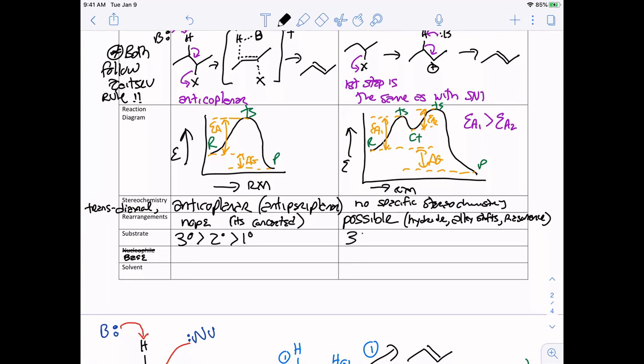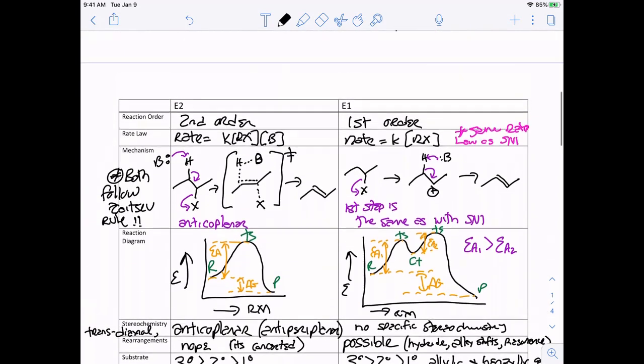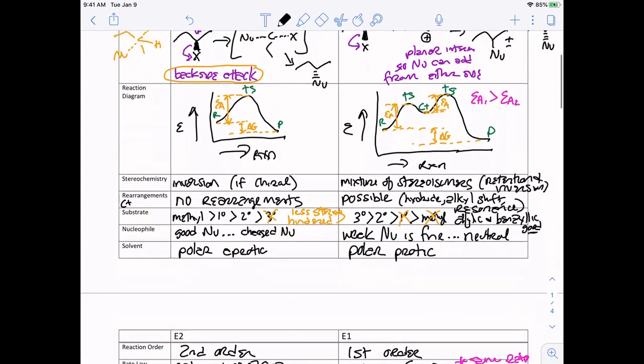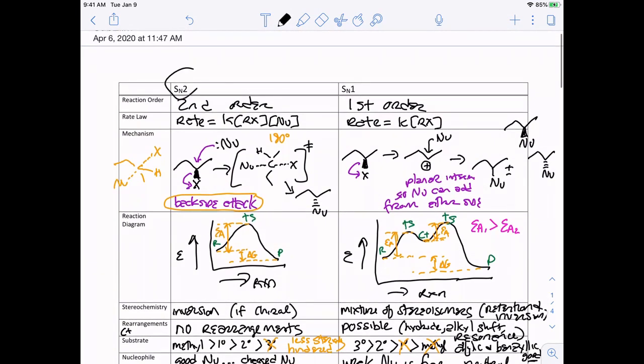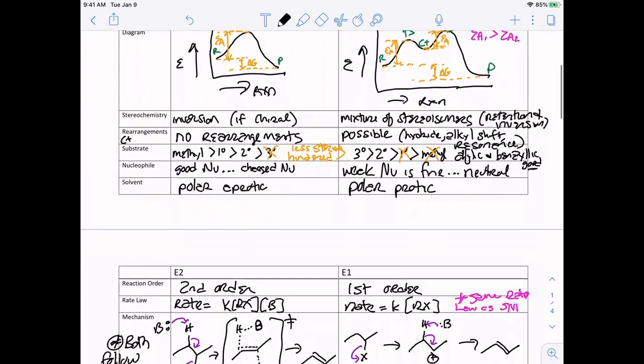And then this one, I'm going through a carbocation. And we also know that allylic and benzylic are good. The only one of these 4 mechanisms that favors primary is my SN2 mechanism.